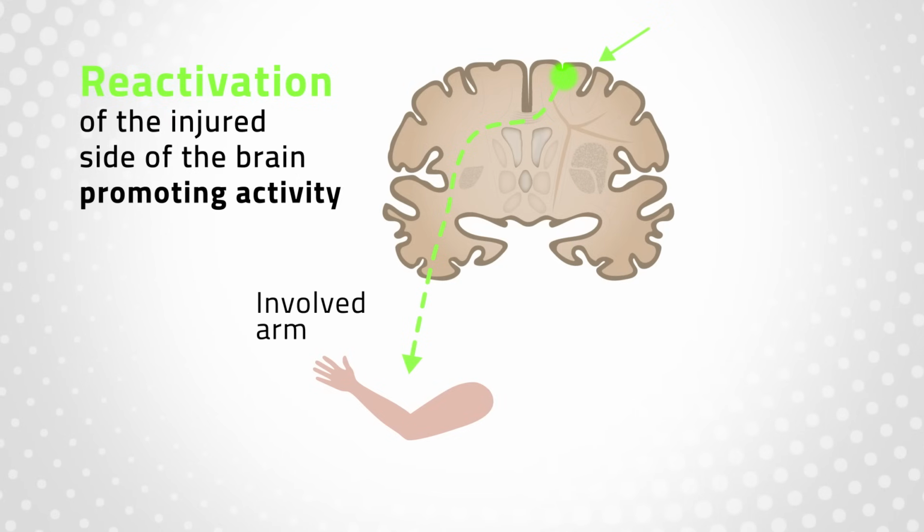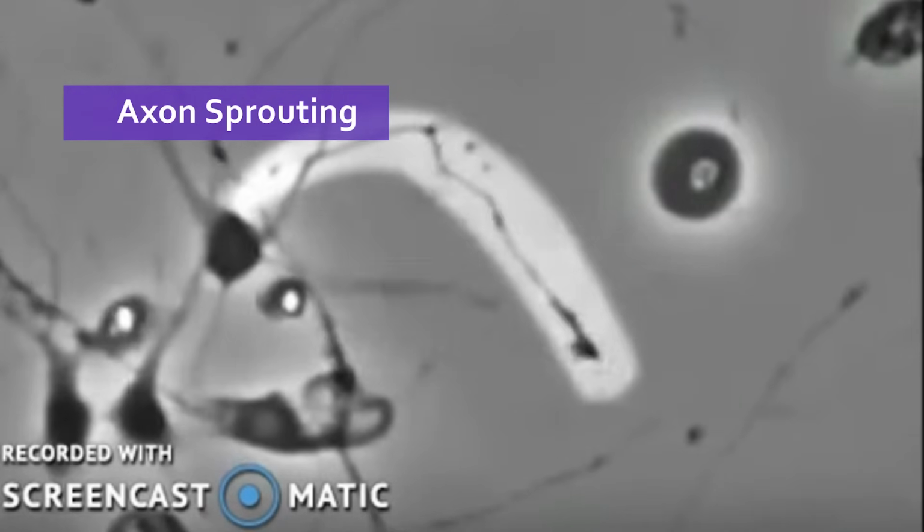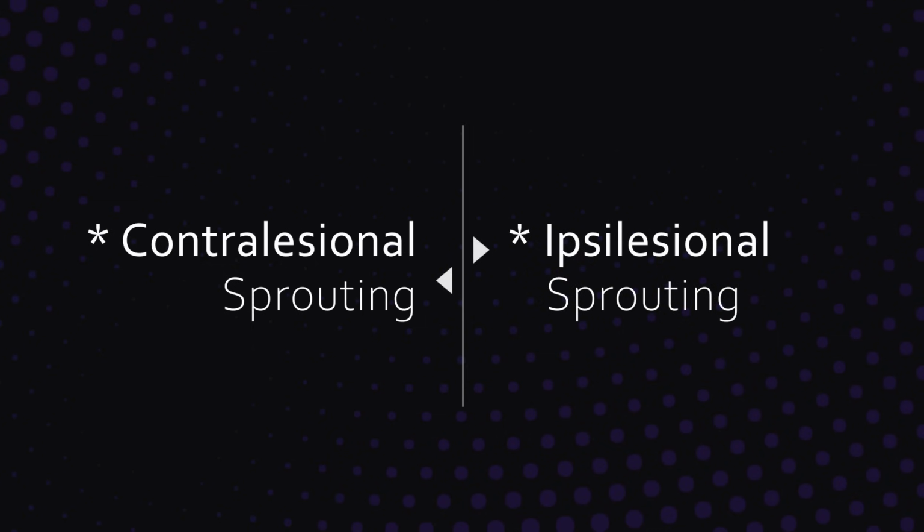And the goal is that stimulating something to occur, in this case, what we call axon sprouting, or where neurons in preserved areas of the brain kind of sprout new legs and take over for damaged areas of the brain in the same hemisphere of the brain, what we call ipsilateral sprouting, versus contralateral axon sprouting, which is going across hemispheres. So we present you with something where your involved arm has to do the work, and we get that ipsilateral sprouting. And the other one is rebalancing theories.